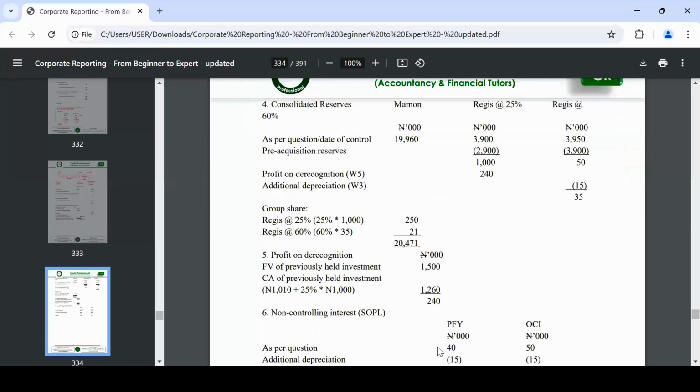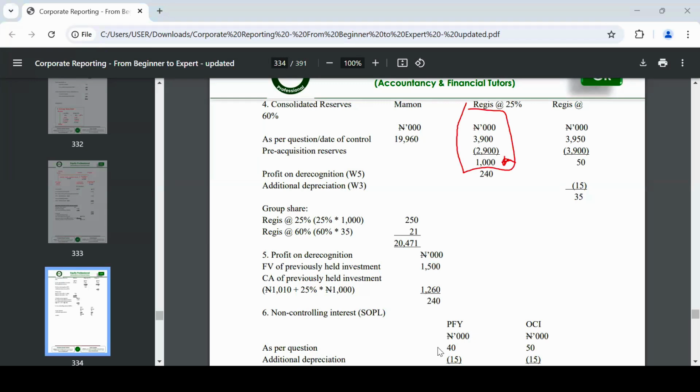Okay, very easy, the way we used to do it before. The only thing is, we'll now look at it like this. This is the post-acquisition profit up until the date we stopped recognizing Regis as an associate investment.